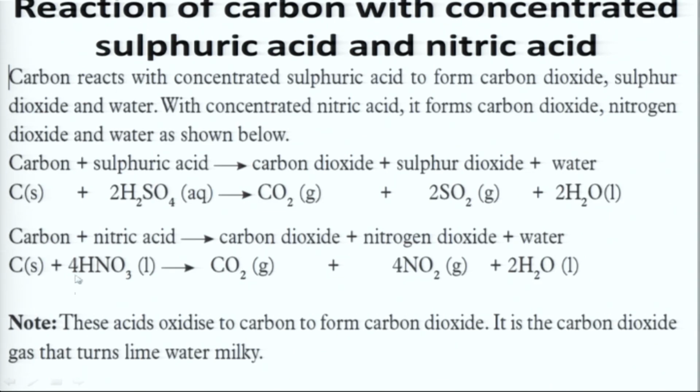So before here, we have carbon solid, but in the products, we have carbon dioxide. So it means that carbon has added on oxygen. There is oxygen that has been added on carbon to form carbon dioxide. So it has been oxidized. These acids have oxidized carbon to form carbon dioxide.